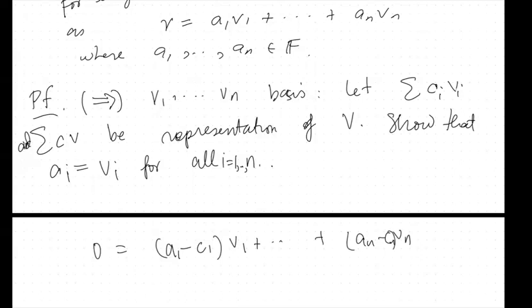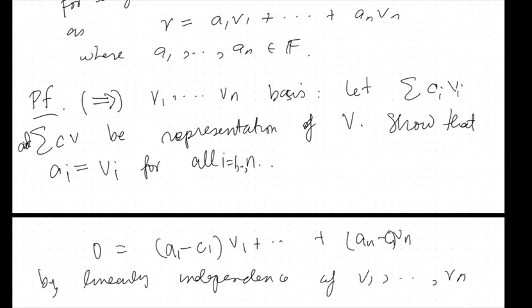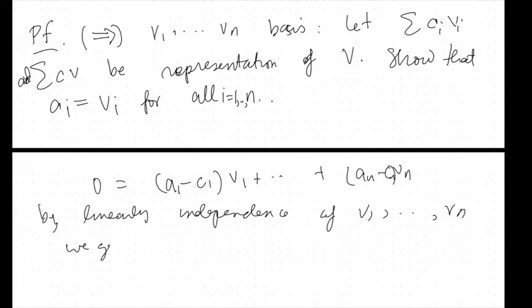Then since v1 to vn is linearly independent, by linear independence of v1 to vn, we get ai minus ci equal to 0, which gives us ai equal to ci for all i index.